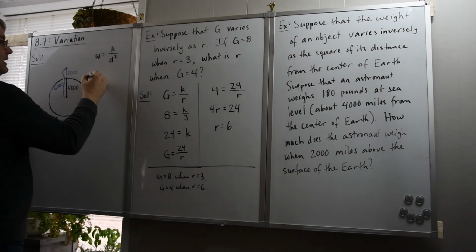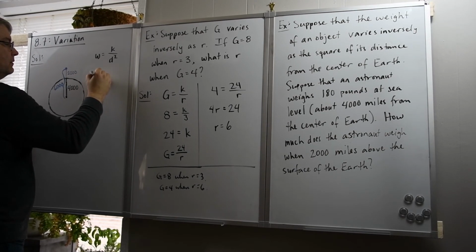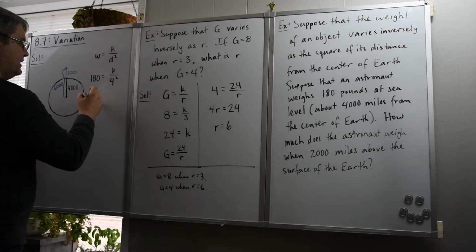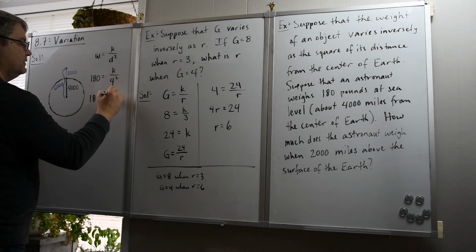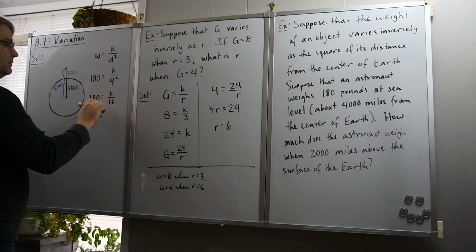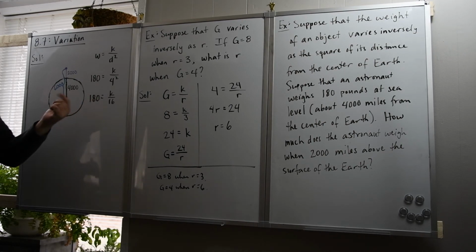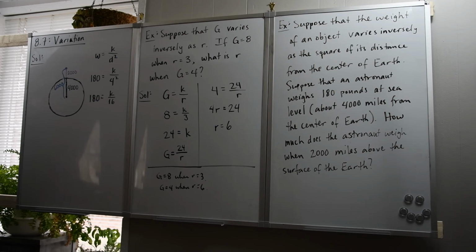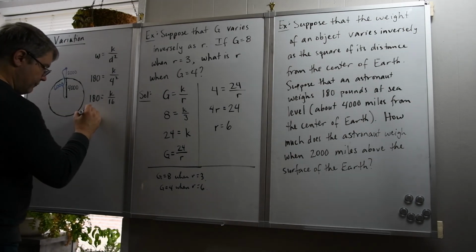So we'll plug in the 180 for W. And then we'll have k over 4 squared. Now, of course, 4 squared gives us 16. And that means that we have 180 is equal to k over 16. But then we could certainly multiply both sides of this equation by 16. On the left side, when you multiply 180 by 16, you get 2,880.